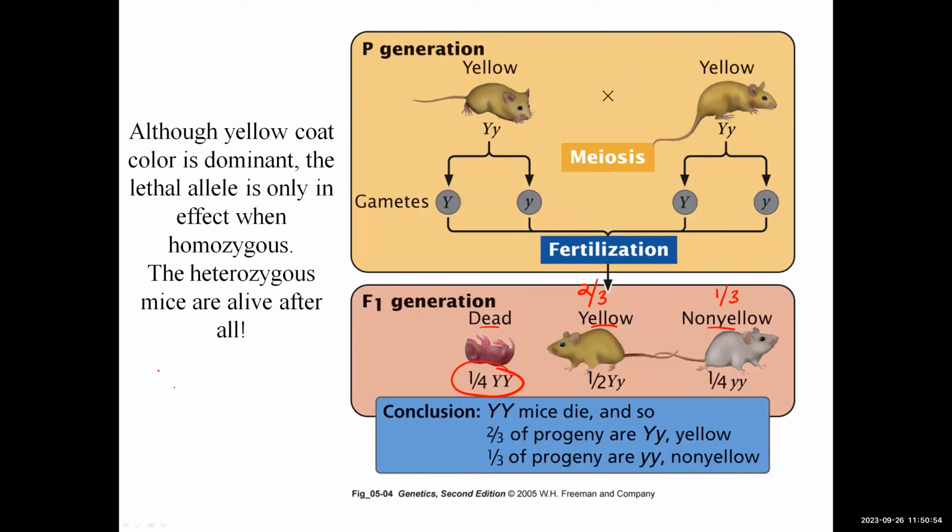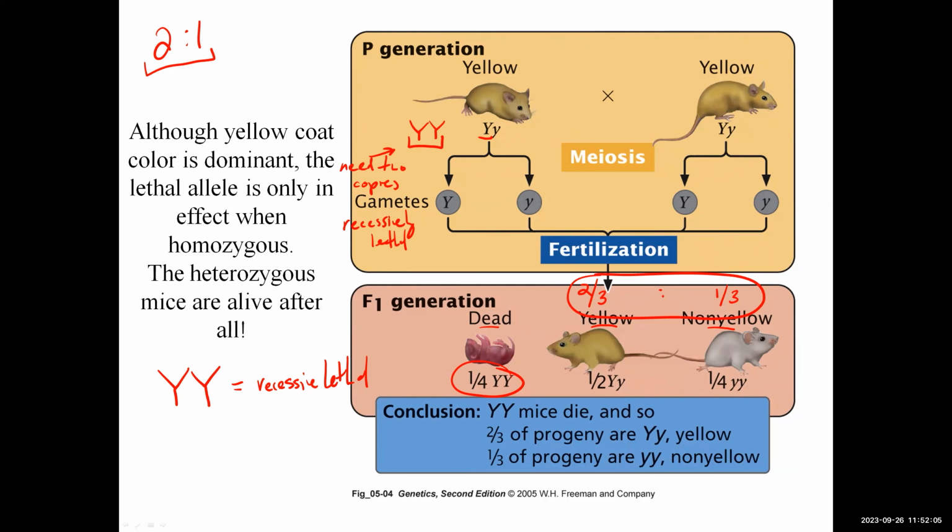Sometimes lethals are homozygous recessive, even though the phenotype is dominant. In this example of a recessive allele, this is the dominant coat color, but recessively lethal. This can make it a little confusing. There are lots of traits that behave this way.